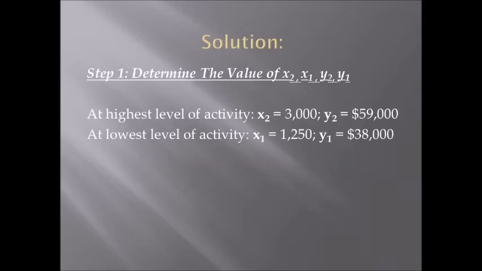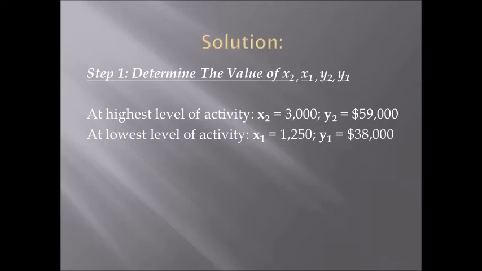The first step in our solution is to determine the values of x1, x2, y1, y2. At the highest level of activity, as we said, x2 equals 3,000 and the corresponding y equals 59,000.